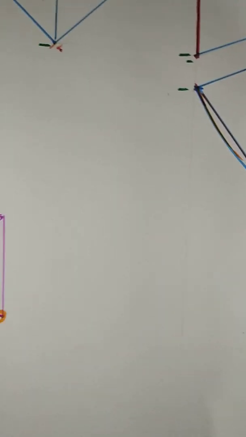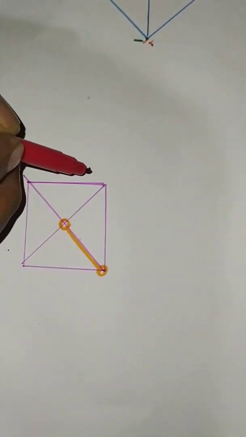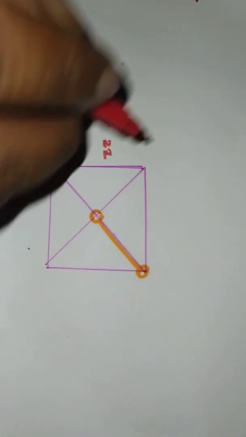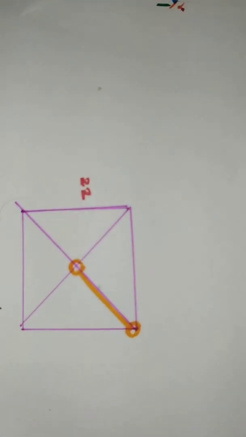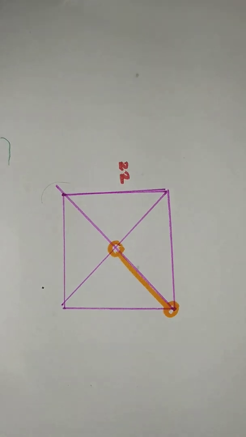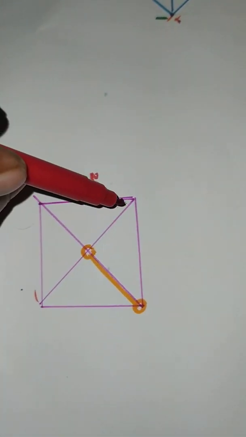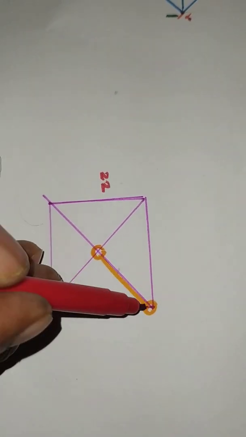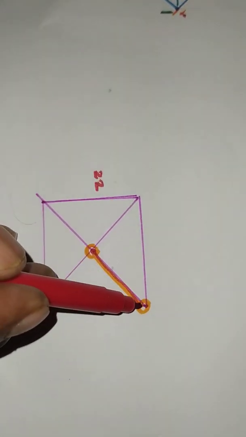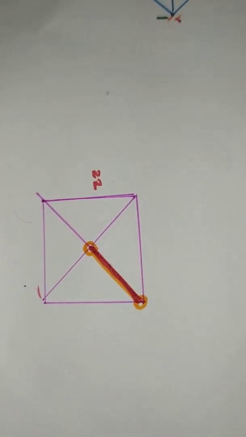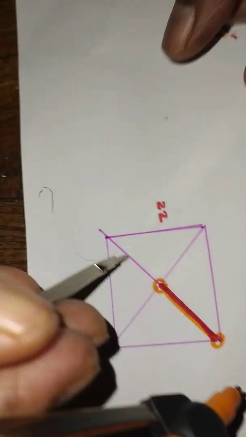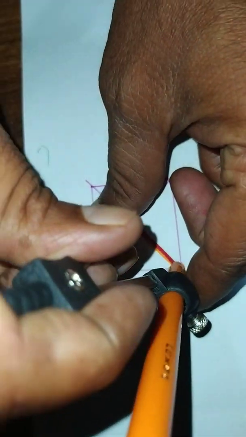Now, for that purpose, we have to draw a square of 22 mm outside the figure. This is the 22 mm square. First, draw this square having dimension 22 mm. Join the diagonal. This is the diagonal, and this is the distance. Take it into the compass.